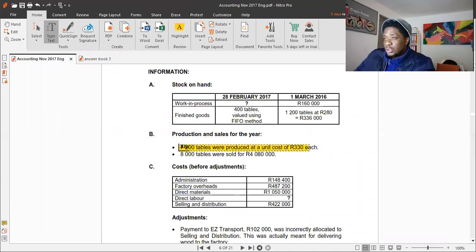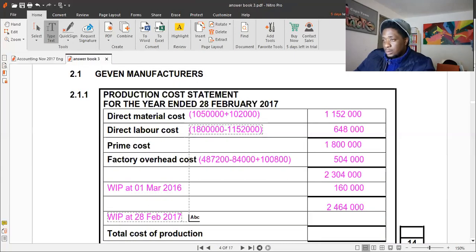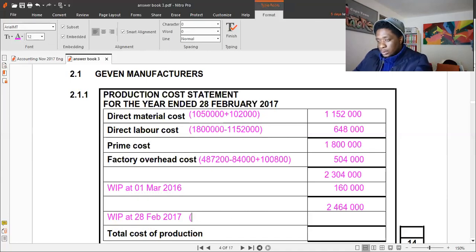We would need to take the 7,200 and multiply by 330. Sorry, I'm putting it in the wrong space. So this is the total cost of production. You would take the units produced, 7,200, and multiply it by the cost of 330. That would give us a balance of 2,376,000.